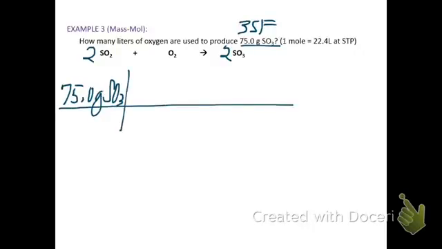Whatever unit I write down, I need to get rid of in the next step. So it's going to be grams of SO3 per 1 mole of SO3. So I need to calculate the molar mass of sulfur trioxide, and that works out to be 80.07.